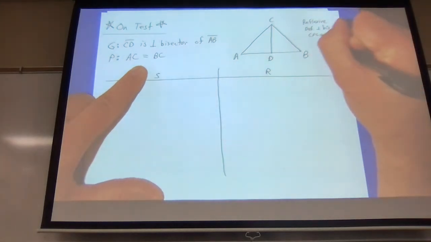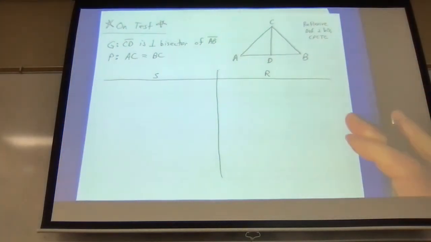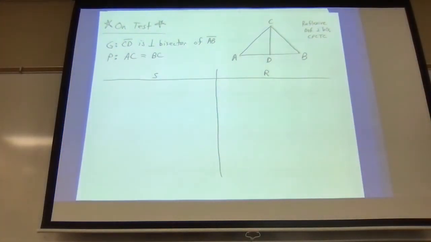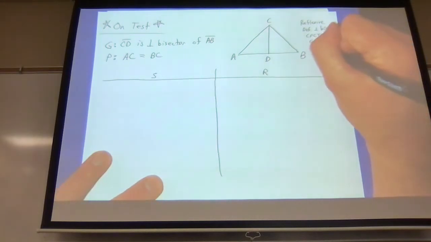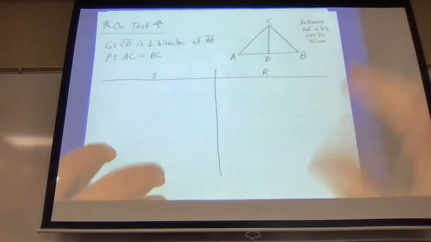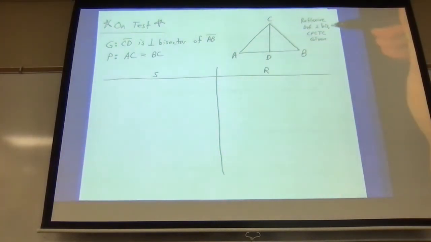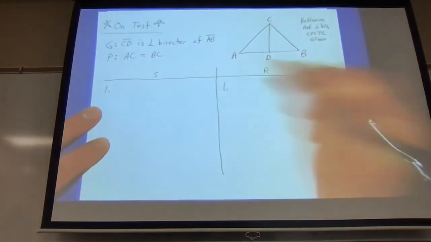CPCPC. And then what's the other step that shows up in every proof? So we know 4 things going into it. Now this definition of perpendicular bisector, we're going to end up using 3 different times. So we're going to have what is that, 6 things going in there. There we go. All right, let's take care of it.